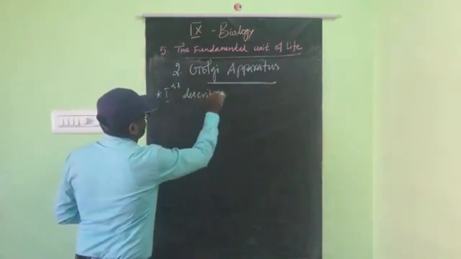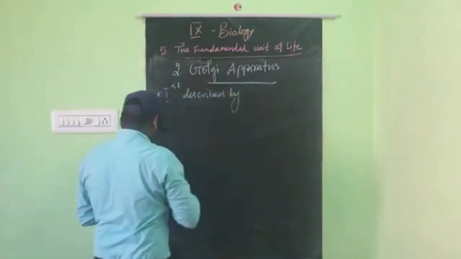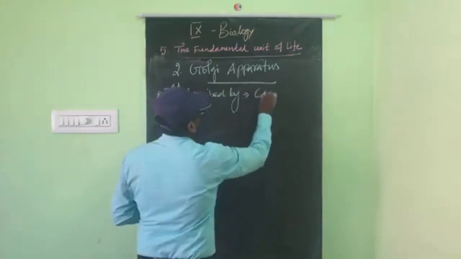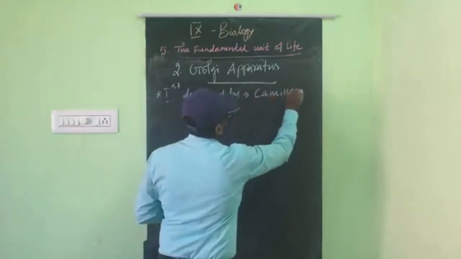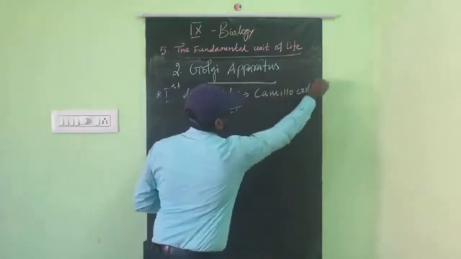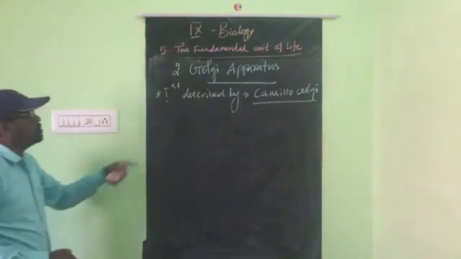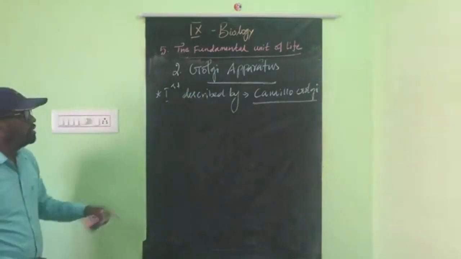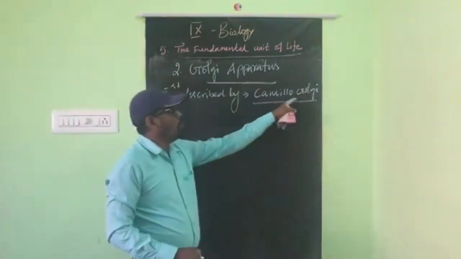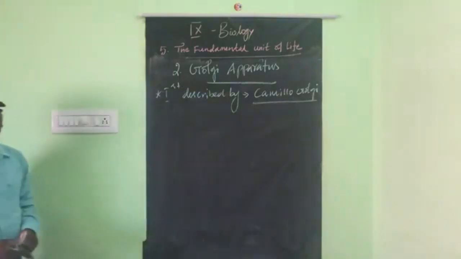The Golgi apparatus, or Golgi complex, was first described by Camillo Golgi. He was a biologist, and he described the structure of the Golgi apparatus, which is named after him.